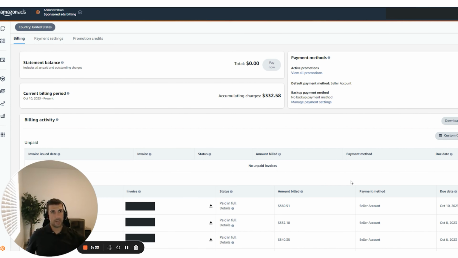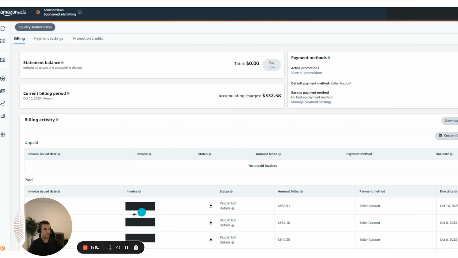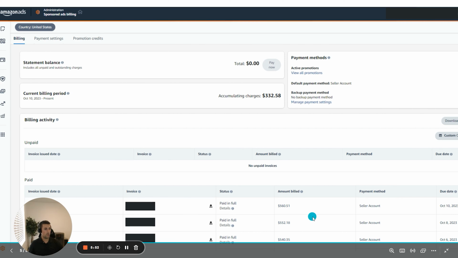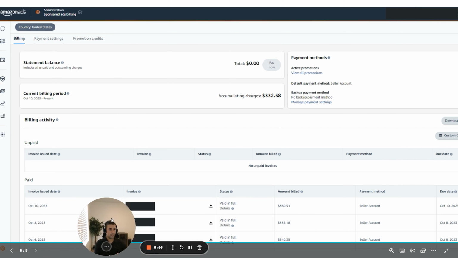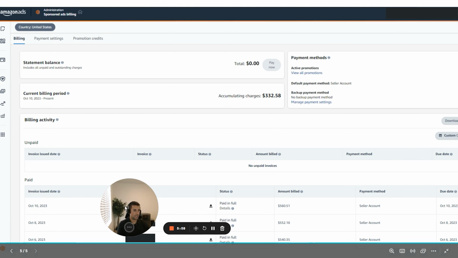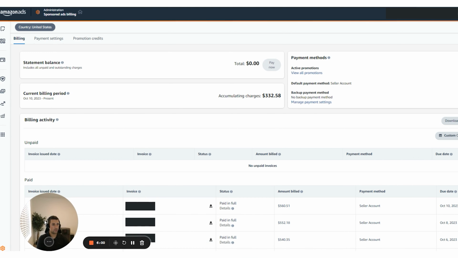For accounts doing lower ad spend, you're going to see the amount billed in roughly $500 increments. Whenever advertising passes $500, it'll bill the account or the credit card on file. Then you can access the different invoices, and when they are paid, they're due on that exact same day. It's issued and due on the same day.